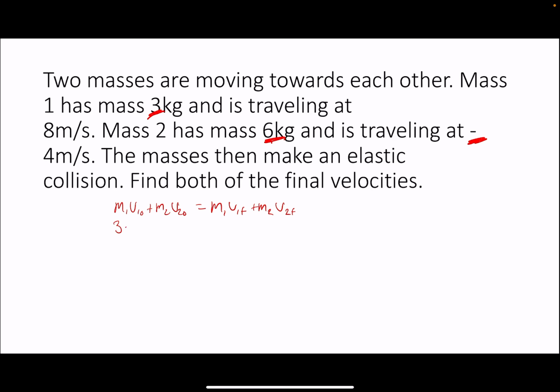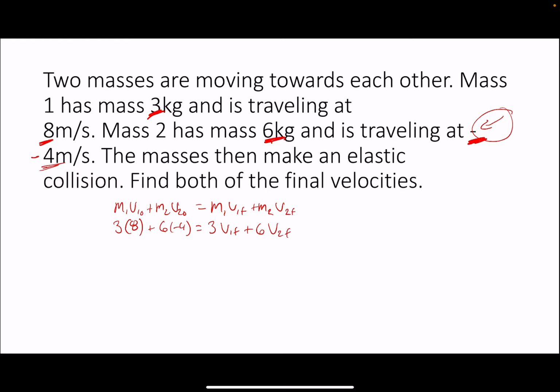So we have 3 traveling at 8, so 3 times 8, plus mass 6 traveling at -4, carried over from here. Then we have mass 1 and mass 2 with unknown final velocities.